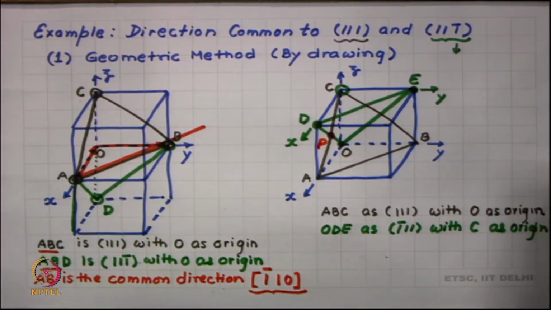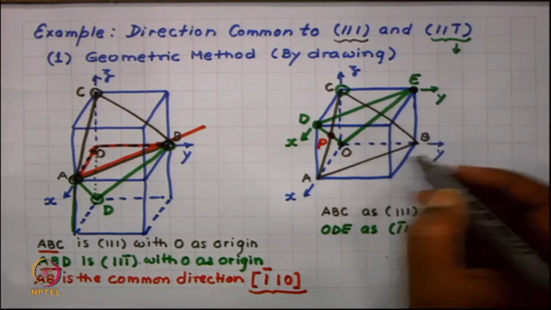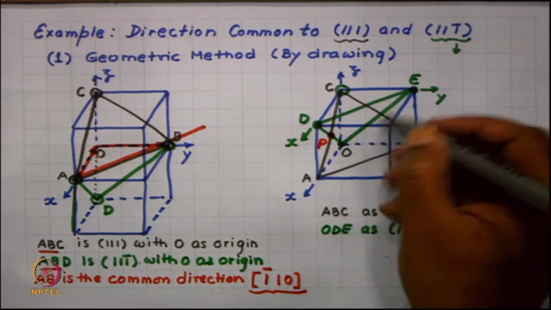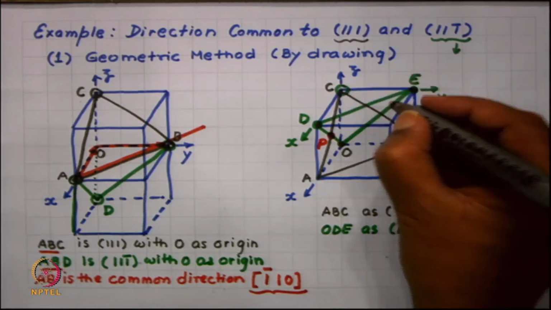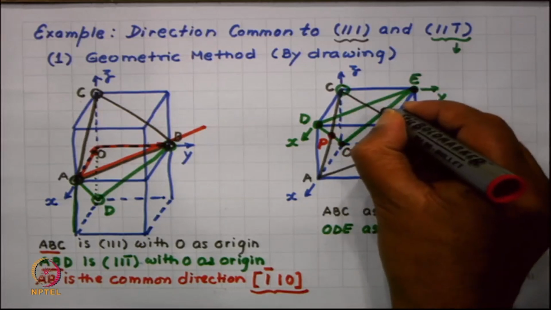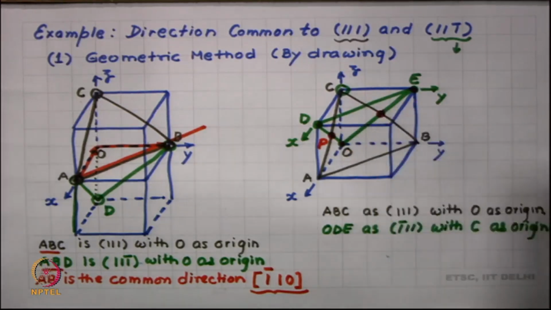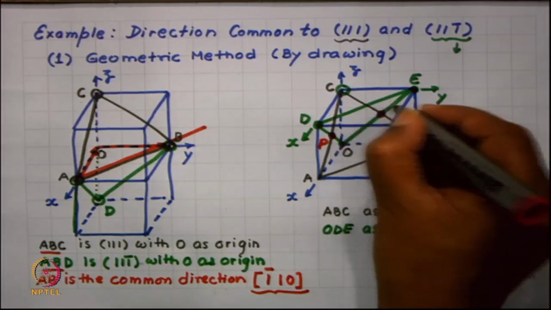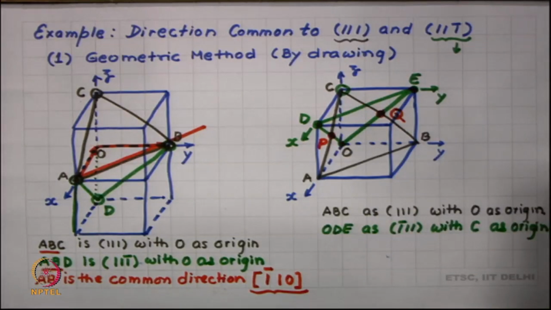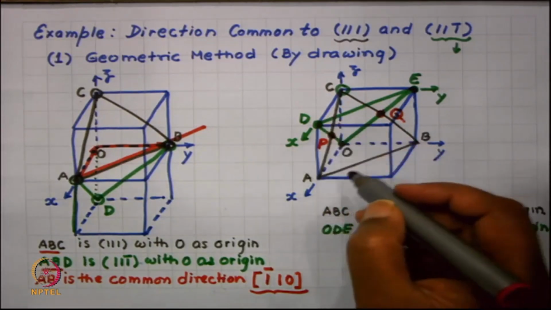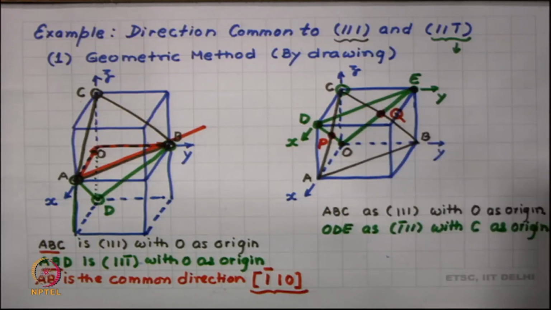Another intersection point is on the back face of the cube. Again OE is lying on the green plane, BC is lying on the black plane. So, the common point to the two planes is this point Q. So, center of the left face and center of the back face now are common to both the planes.